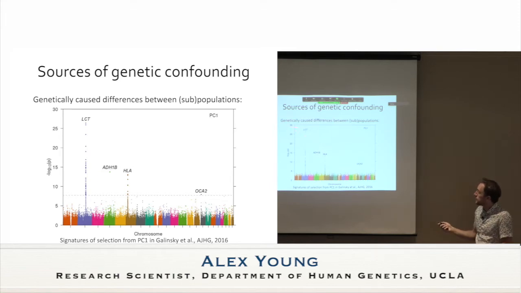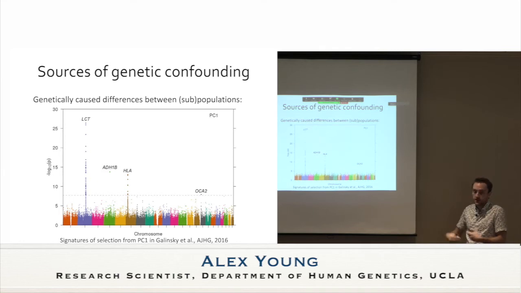So if you were doing a genome-wide association study of lactase tolerance, and you had a mixed sample from two subpopulations, one that has been under selection for lactose tolerance and one that hasn't, you're going to find that basically any SNP that's differentiated between those two subpopulations, just because of drift, is going to be correlated with whether you have the lactose persistence allele or not.